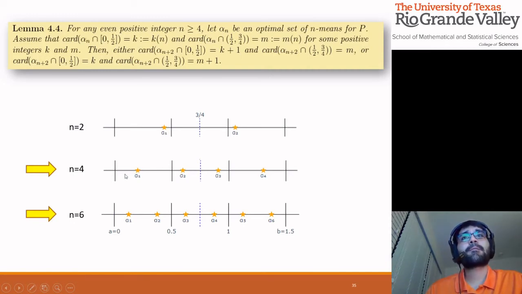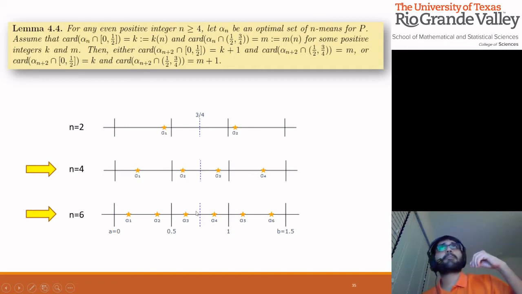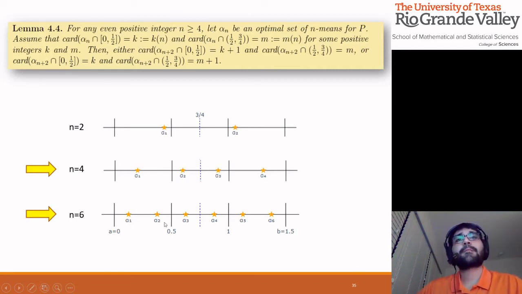Here we have k equals 1, m equals 1. Here we have k equals 2, m equals 1. So either k or m will keep the same value from the previous positive integer, and the other one will have the additional quantizer.